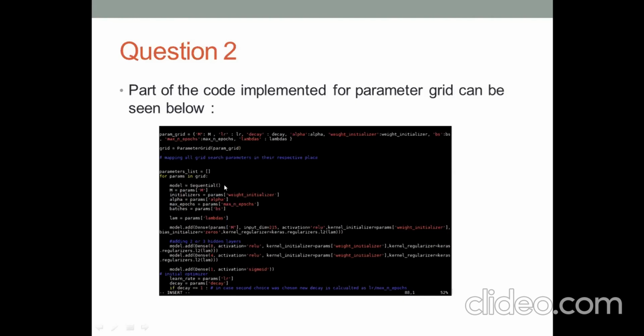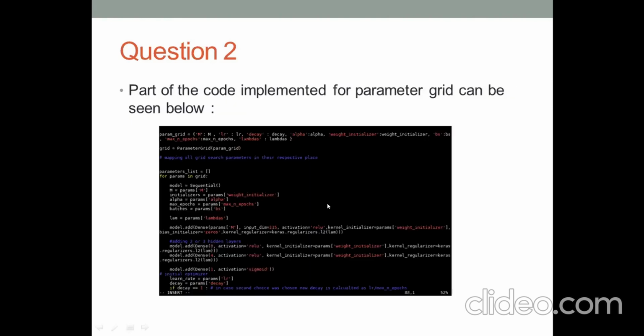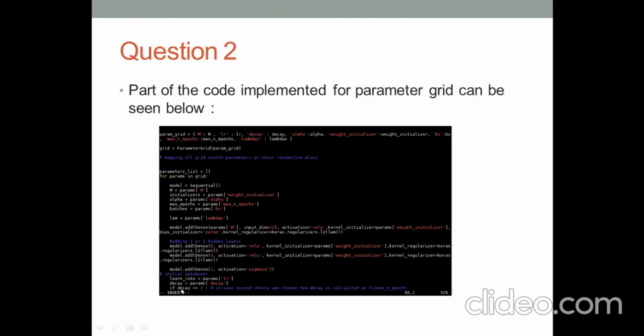So I just input everything, and for the decay I had a problem. It had 0.0 and learning rate over max epochs. I could not implement this as a definition, so I did it in an alternative way. I have decay as 0 and 1, and in the code I check if decay is 1.